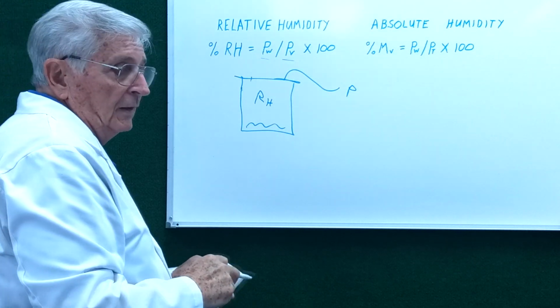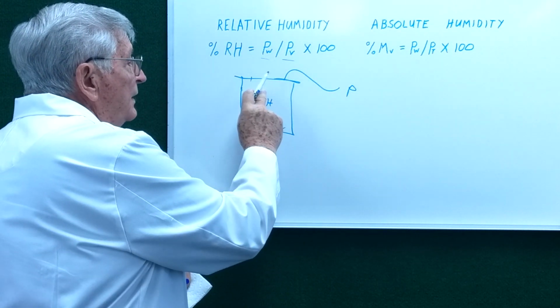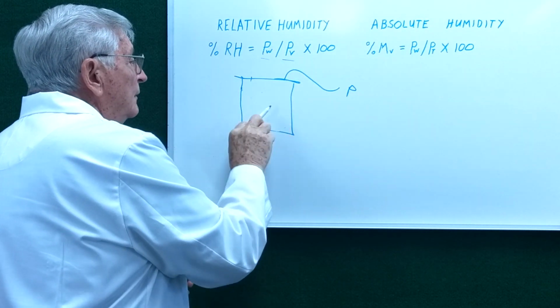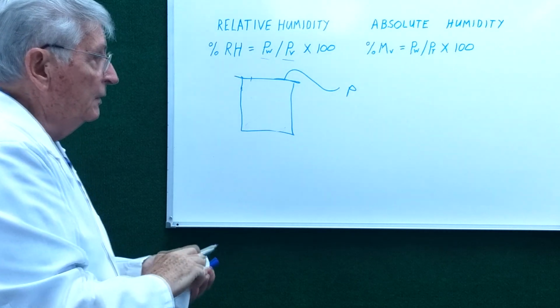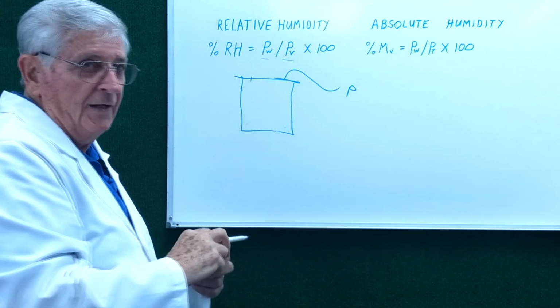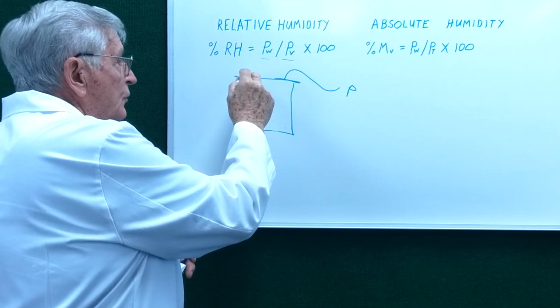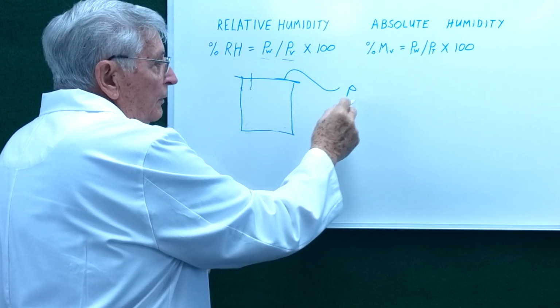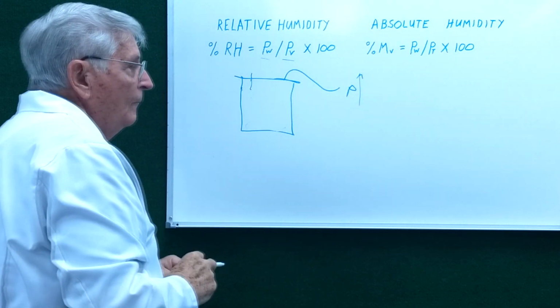Also, in the case where we totally dried out the jar using the desiccant, we made sure we had totally dry air in the jar and then squirted in water, and the measured pressure went higher.